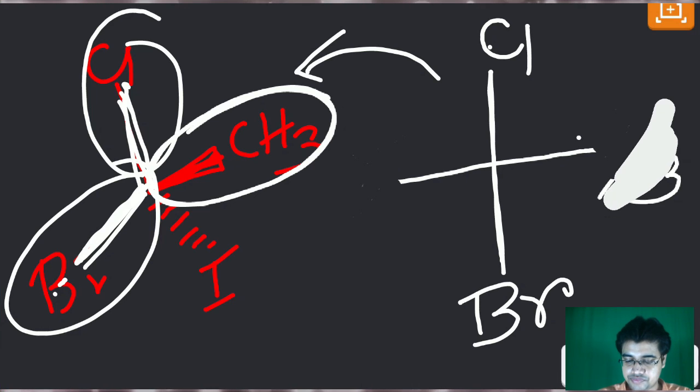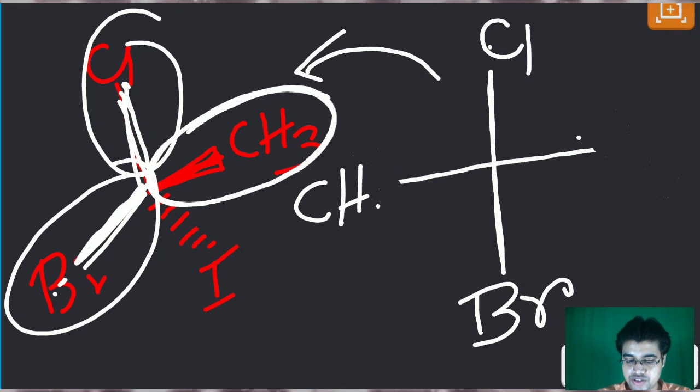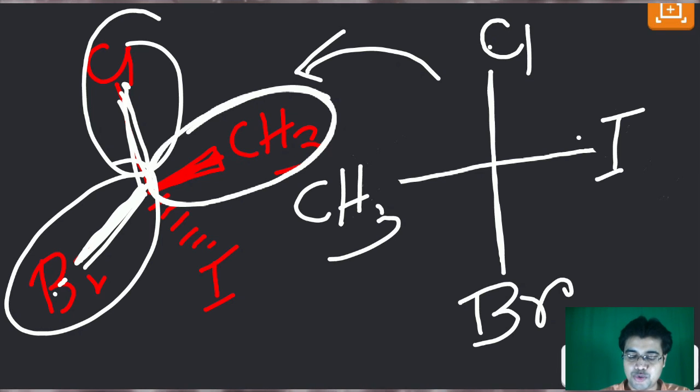So which is the left position? Here it will be CH3 and it will be the I, because it is bent in the left position. So the left side group will be the up position. Here it is the left side, so it will be the up position.